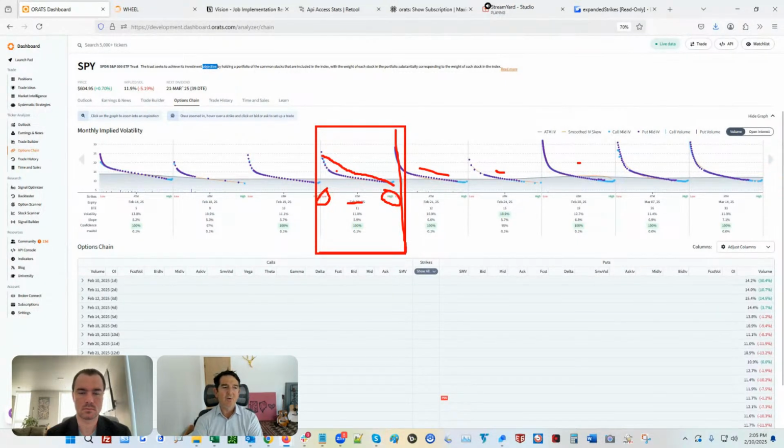So the market makers were buying more calls, buying right around here, and so they end up lowering the calls, but the market is buying this part of the skew from them.